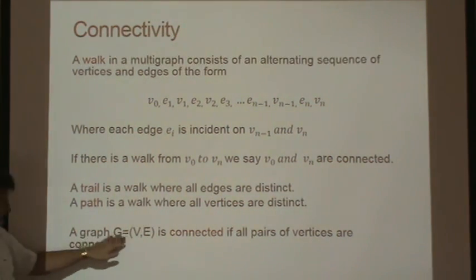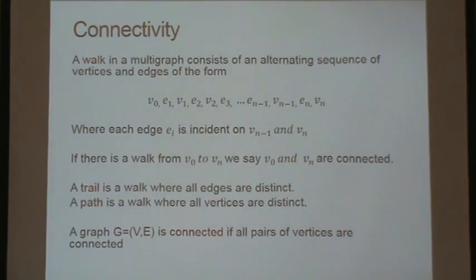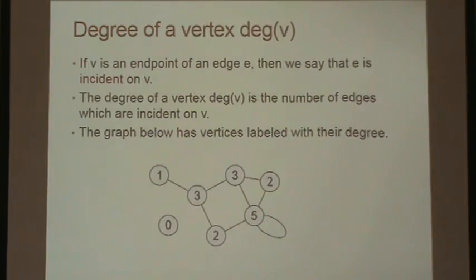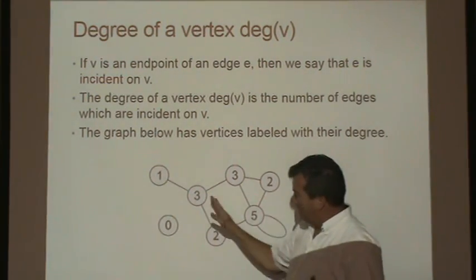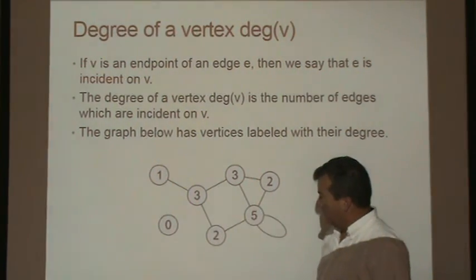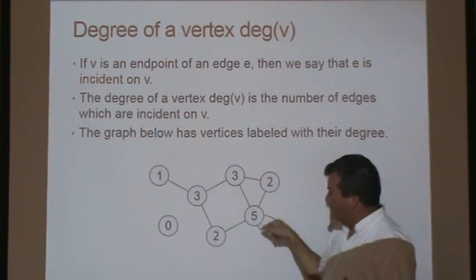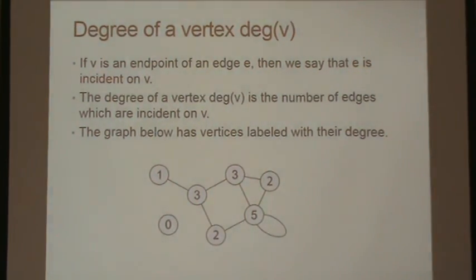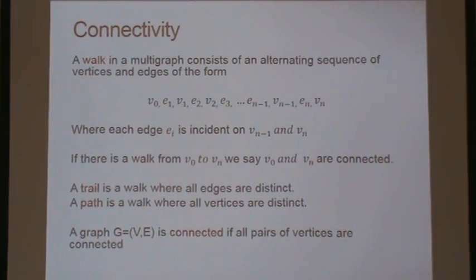And then a graph G is connected if for all pairs of vertices you can get from one vertex to another. So for example, this graph would not be connected because you can't get from these vertices to this 0 vertex. But without that, this would be considered connected. You could get from anywhere to any other vertex.